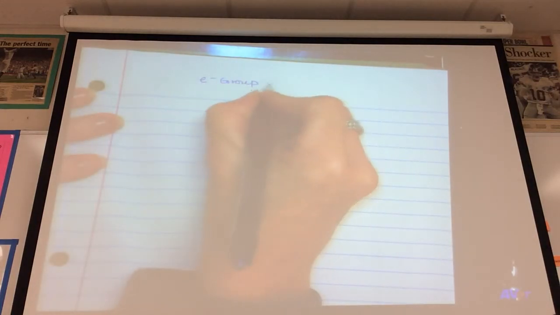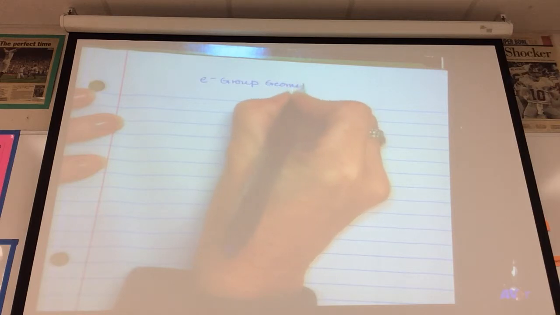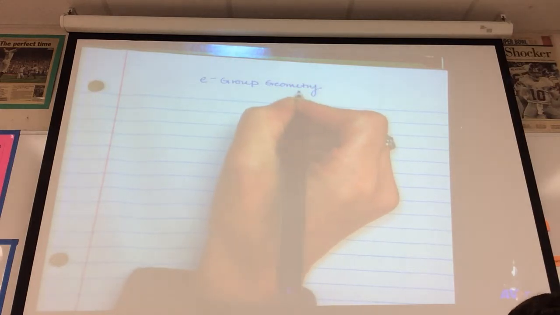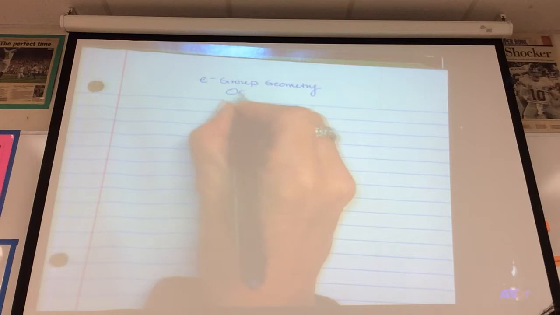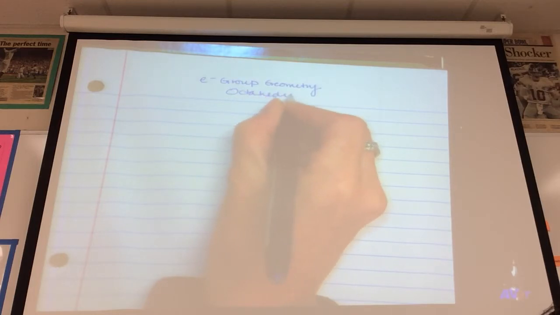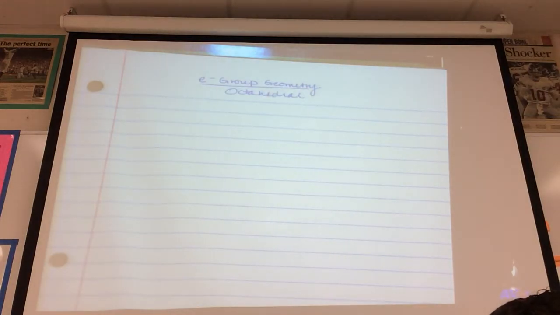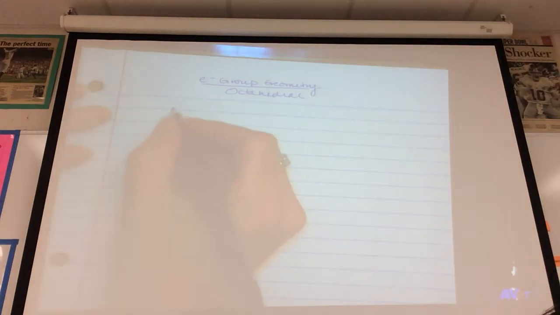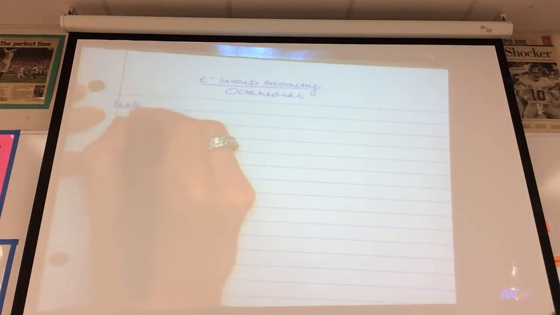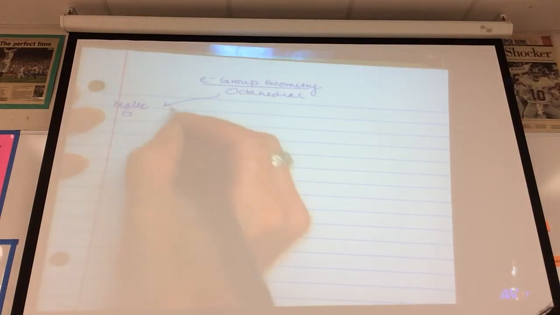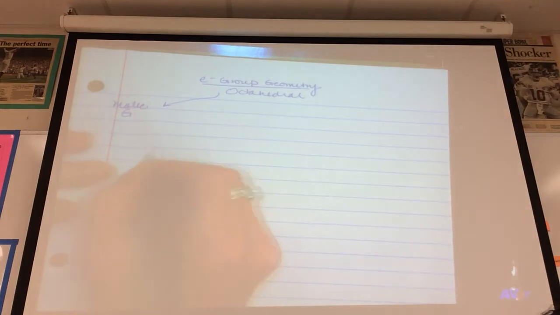In regard to electron group geometry, we've got 6 electron groups for octahedral. For the molecular geometry, again, this first one will be the same, and we've got sulfur hexafluoride.